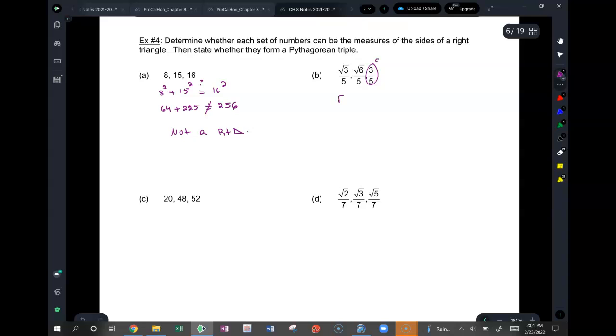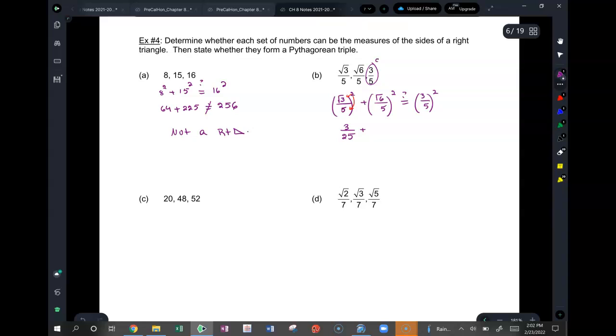So here's what we're going to do. Again, don't let these scare you. Just write it down first. A squared plus B squared, is this equal to C squared? Then you worry about the squaring. This exponent belongs to the root 3 and the 5. So that gives me 3 over 25.